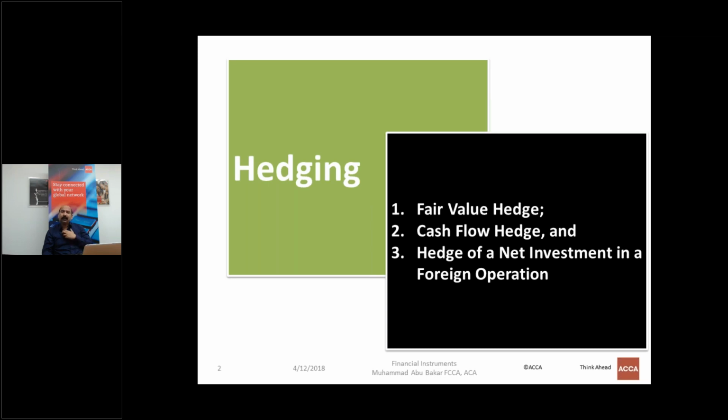So you want to protect yourself. You want to hedge yourself from this loss of paying a higher interest amount.